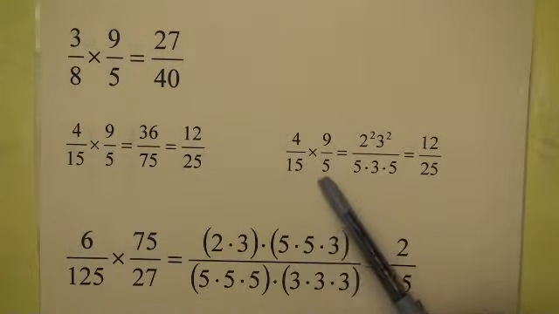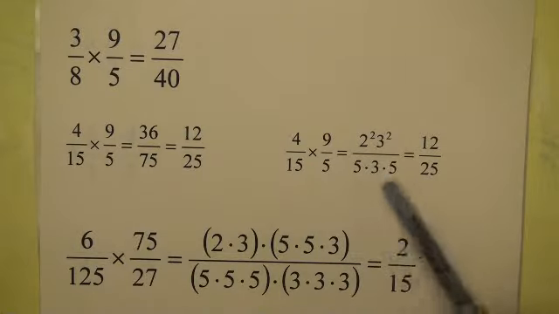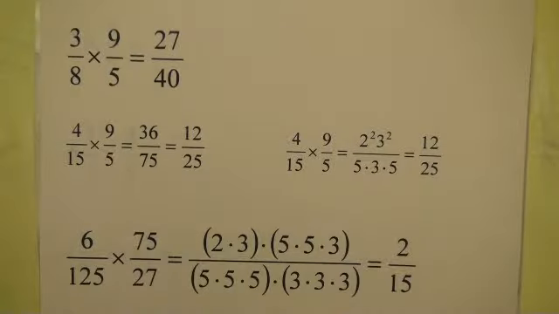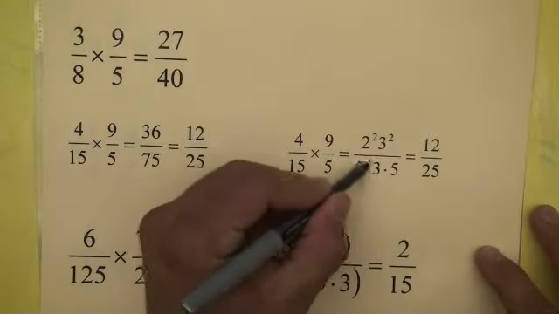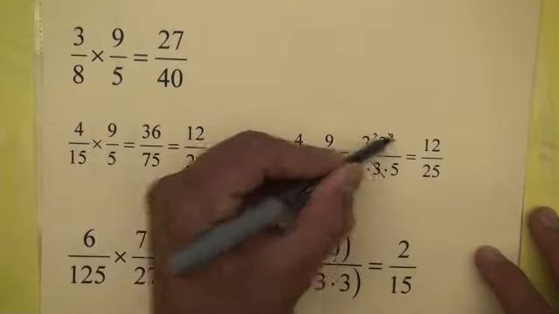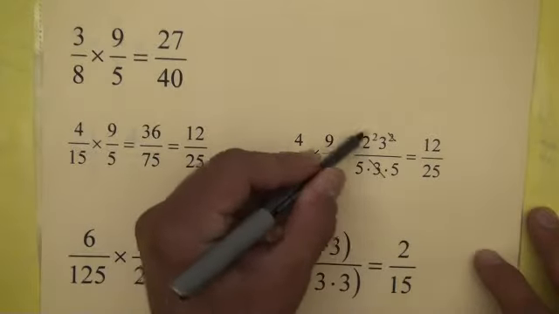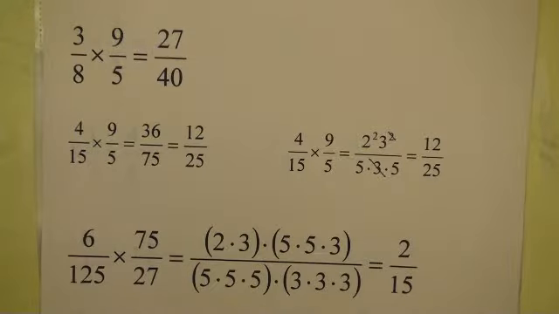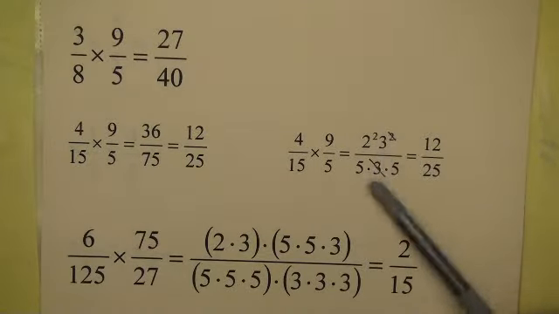Denominator, 5 times 3 times 5. So this is the 15 times the 5. Then you can reduce 1 of the 3's in the numerator with this 3 in the denominator, leaving you with 4 times 3, which is 12. 5 times 5, 25. All right? So that would be this method number 2, expanding and then reducing first.